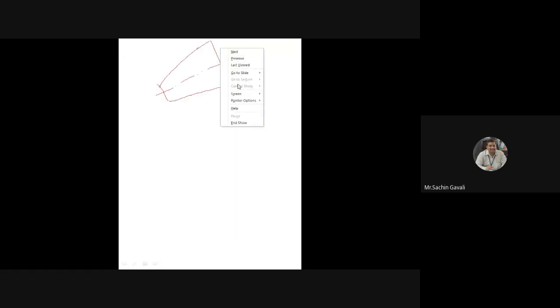So upper end we will consider as D1. D1 is equal to 0.6 meter. D2 is equal to 0.3 meter.